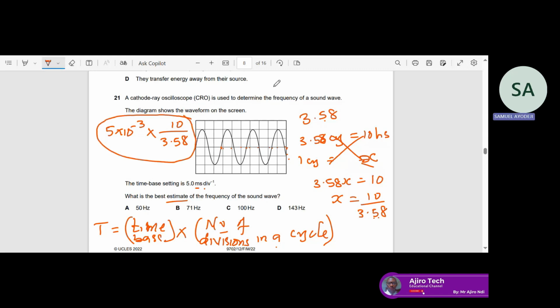When you multiply, you now find the frequency as 1 over T, where T is the period. Press the calculator. I got 1.79 times 10 to the power negative 3. Then 1 over this.